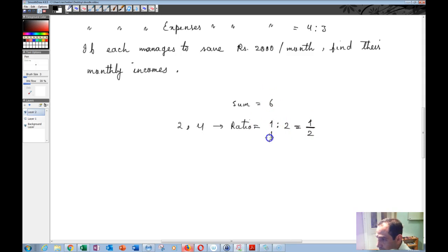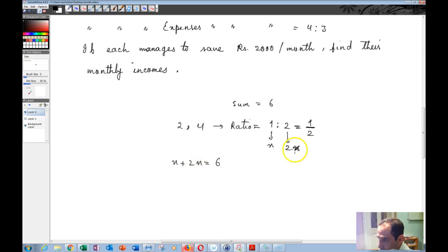If you take one of those numbers as x, then the other number is going to be 2x, because the ratio is 1:2, meaning x to 2x is 1:2. So you can write x plus 2x is equal to 6.